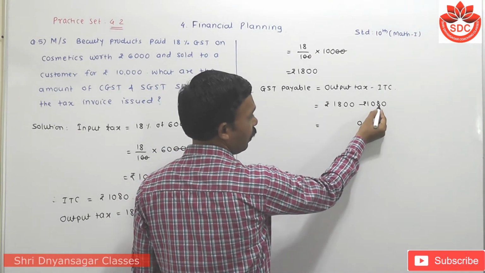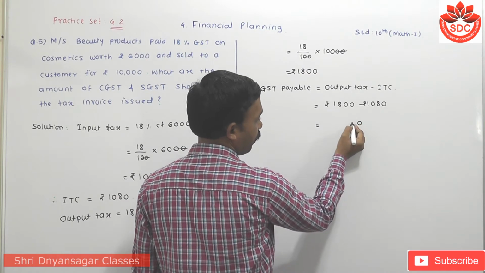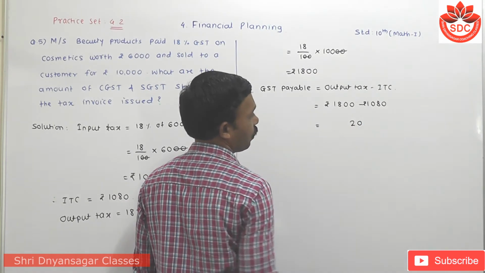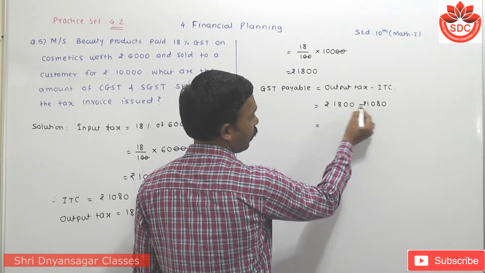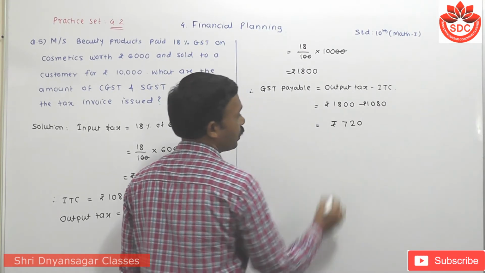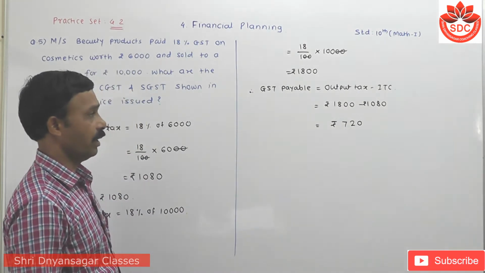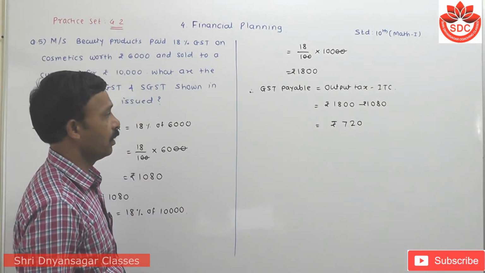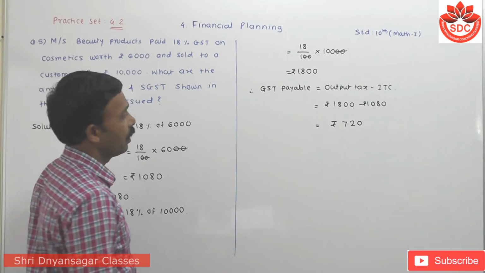Then from this 10 you subtract this 8, it becomes 2. Then 7 as it is, and 1 minus 1 is 0. That means 720 rupees.